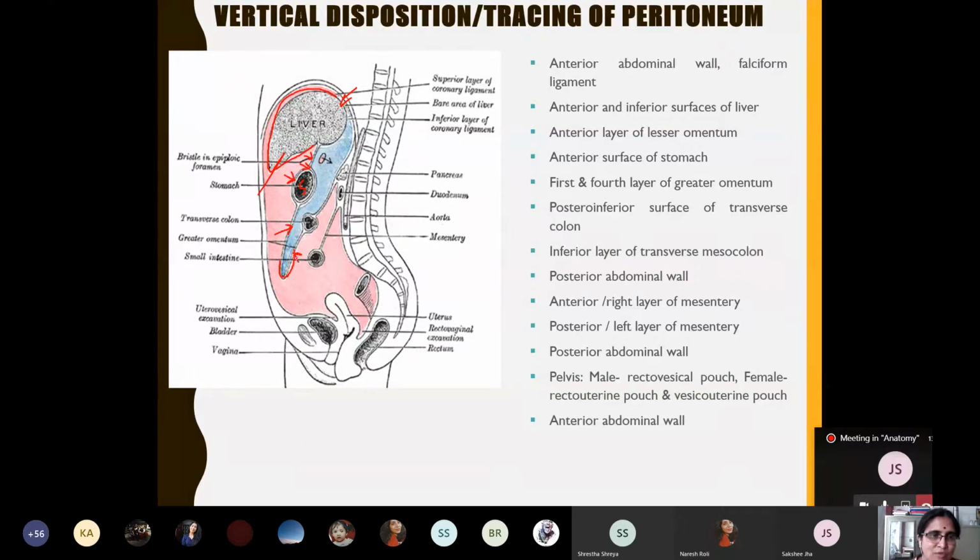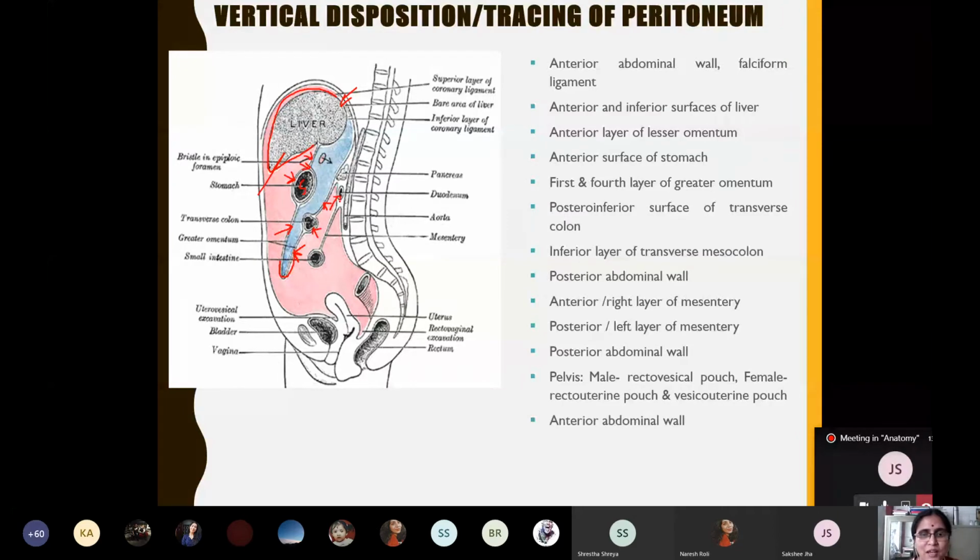Which layer is this? Fourth layer. Then it lines the posterior inferior surface of the transverse colon. Then reflected upward as an inferior layer of which mesocolon? Transverse mesocolon.